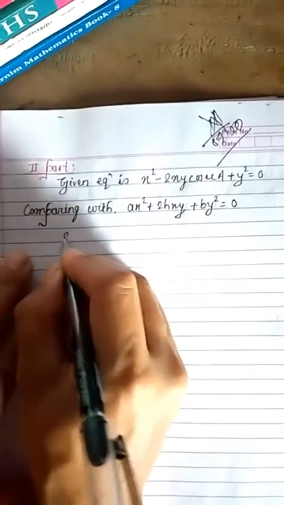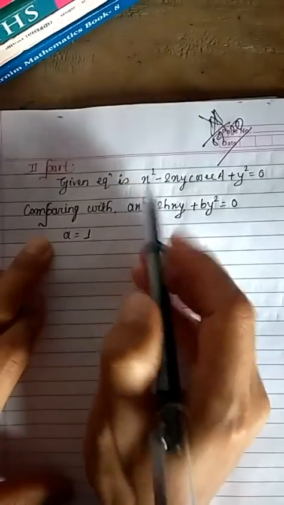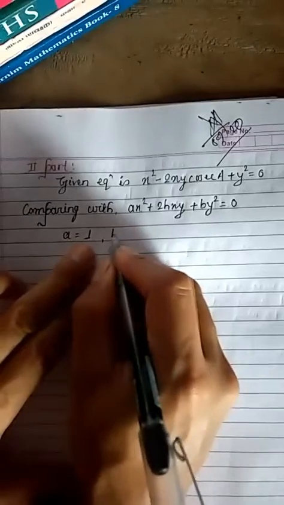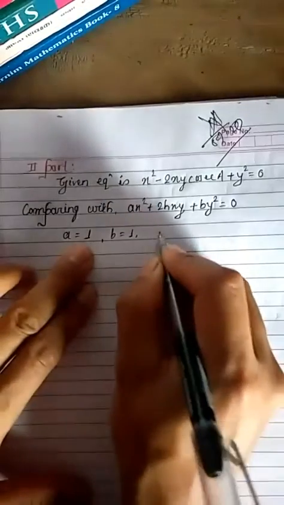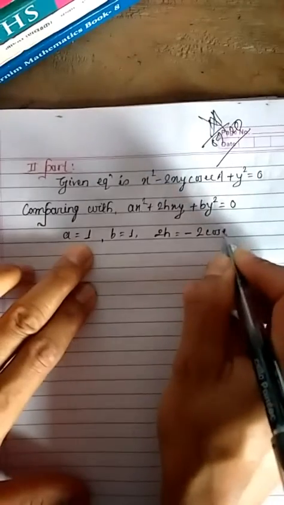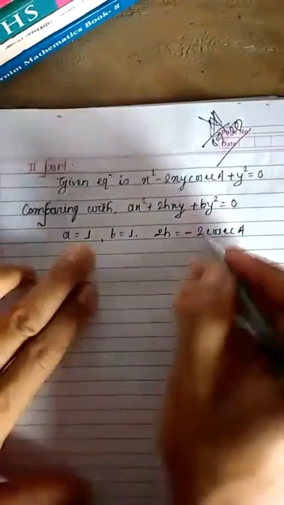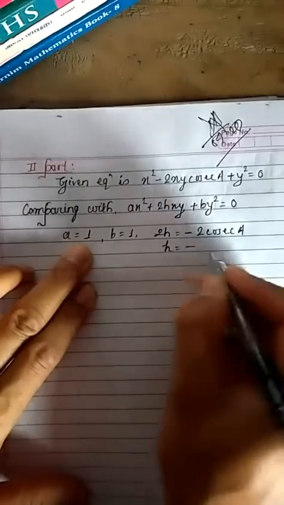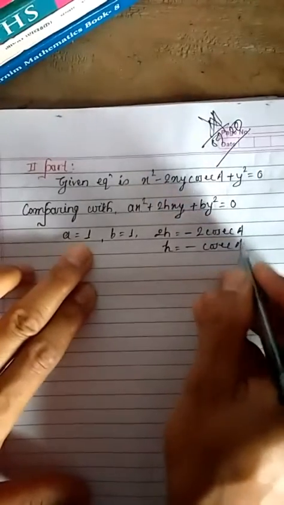In the case where the equation passes through origin, we can apply this form. Now a is the coefficient of x square, so a is 1. B is also 1, so 2h equal to minus 2 cosec a, so h equal to minus cosec a.